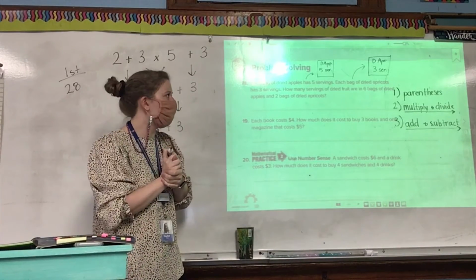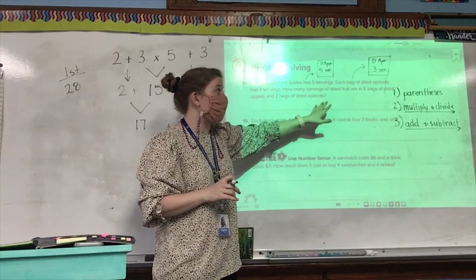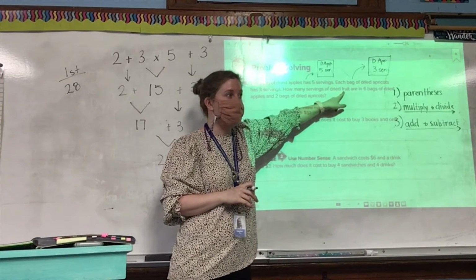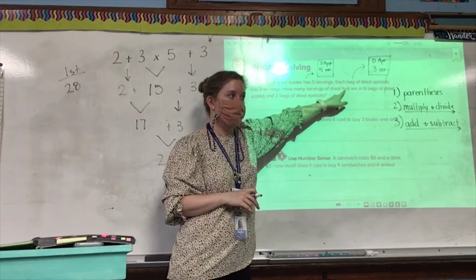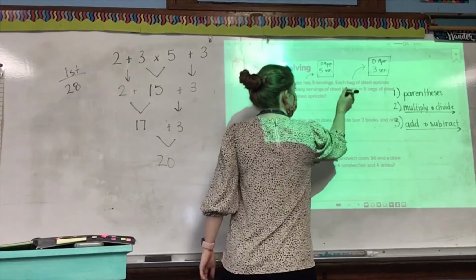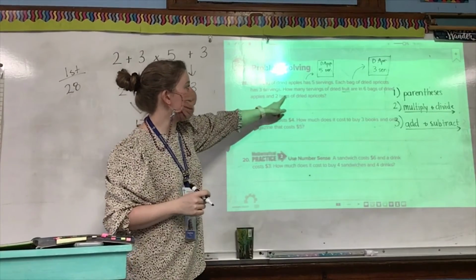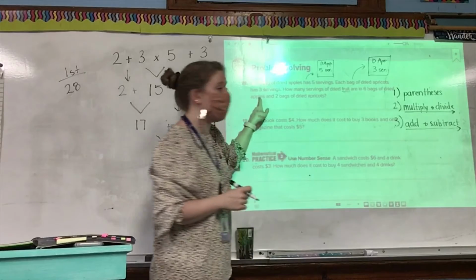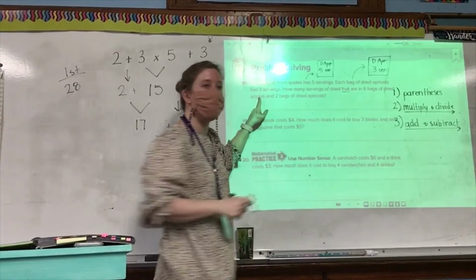Okay, cool. How many servings of dried fruit? Does it say apples or apricots here? So am I finding only the amount of apples or apricots here? No, because fruit means both. How many servings of dried fruit are in 6 bags of dried apples, which means how many dried apple bags did I buy?